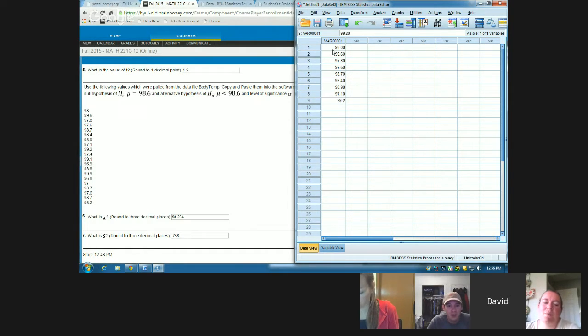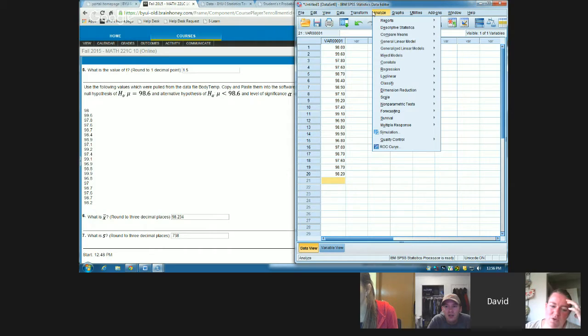So I guess what we can do is one of us will do the 148, someone else could do the 20. If we only use these 20, then that's going to change the number for our 6 and 7 too. Well, no, because we're still using the data file from SPSS. Yeah, but this says to copy and paste the ones from this one into the software.